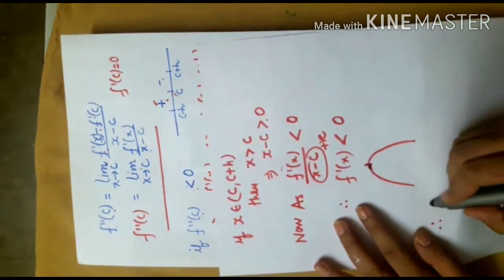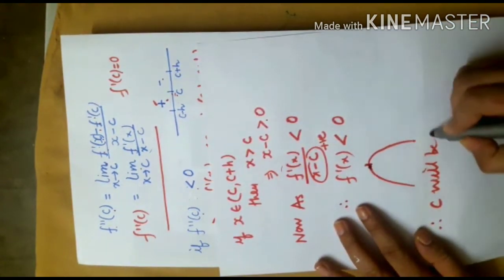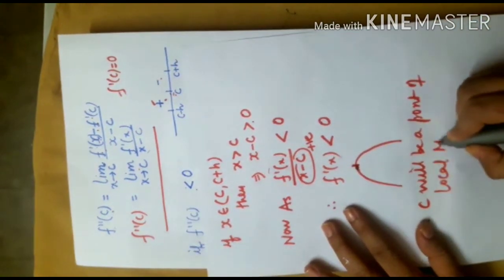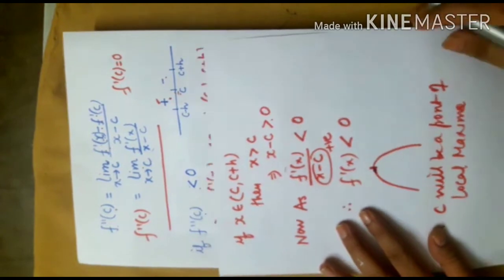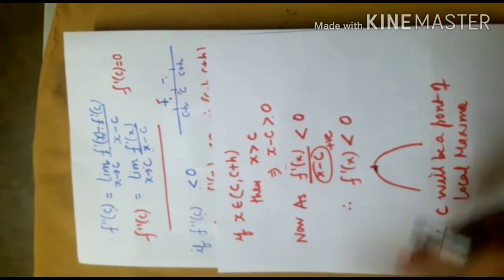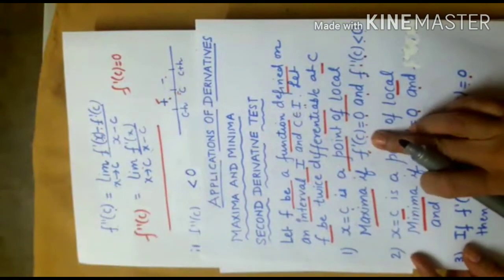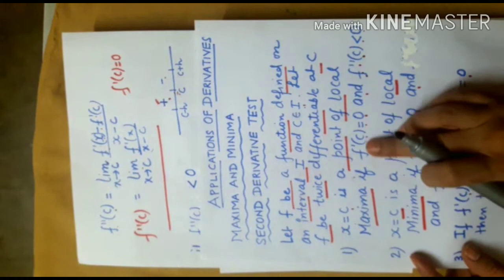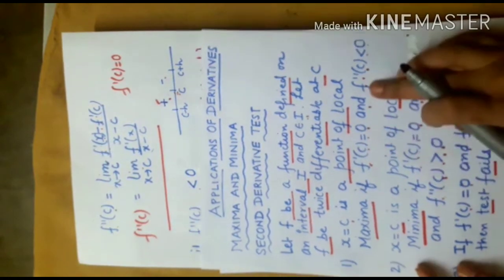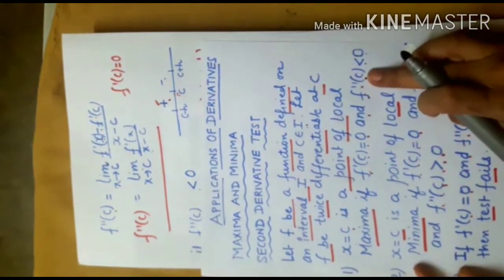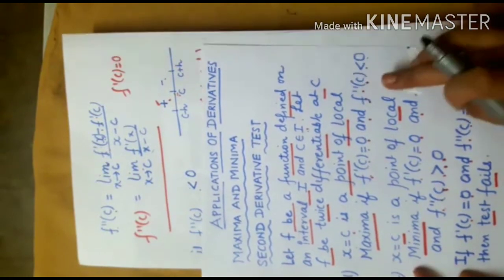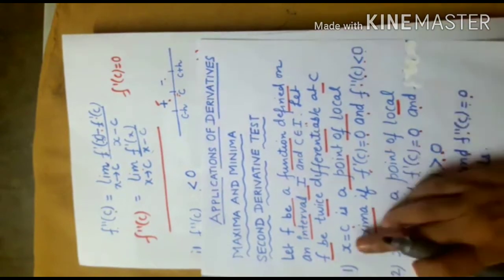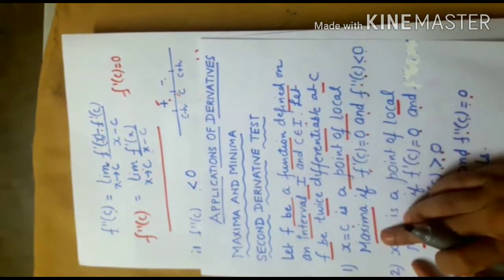Therefore, c will be a point of local maxima. And this was the second derivative test. x equal to c is a point of local maxima if f dash c is 0 and f double dash c is negative. So when the second order derivative at the point c is negative, then c will be a point of local maxima.